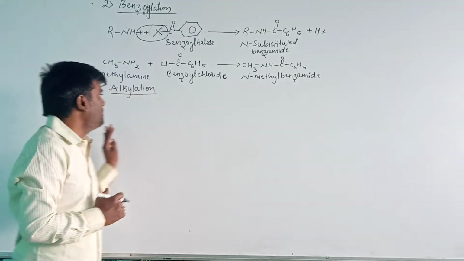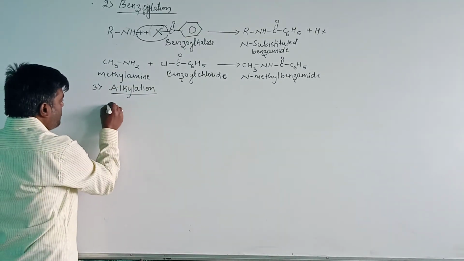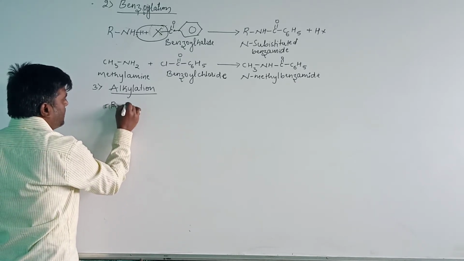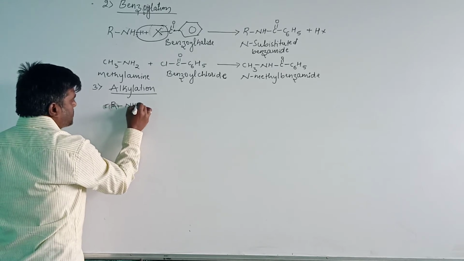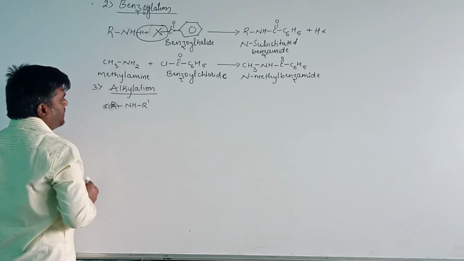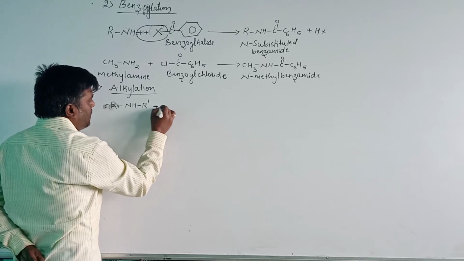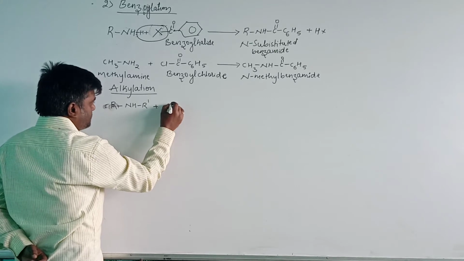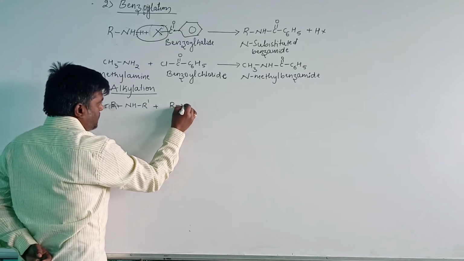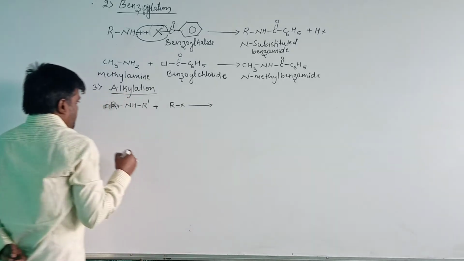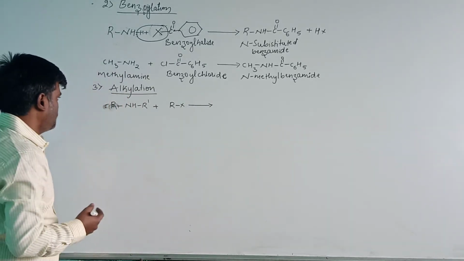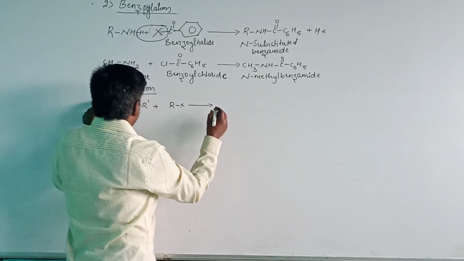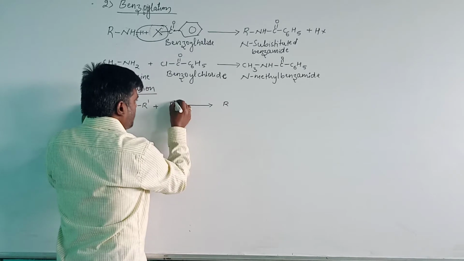Then let us see how the reaction is carried out here. When the secondary amine, R and H, R dash, reacts with the alkyl halide RX, the reaction is carried out in a sealed tube. It will produce the tertiary amine.